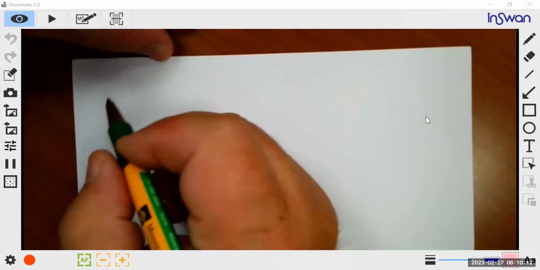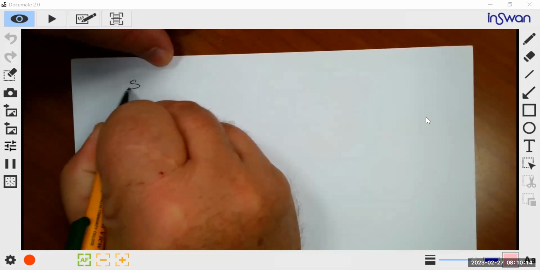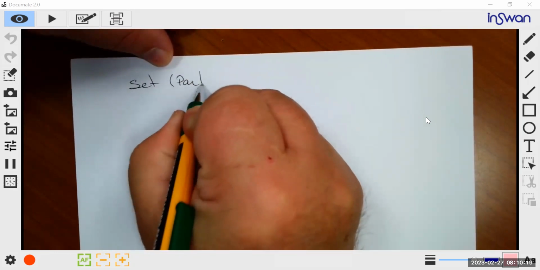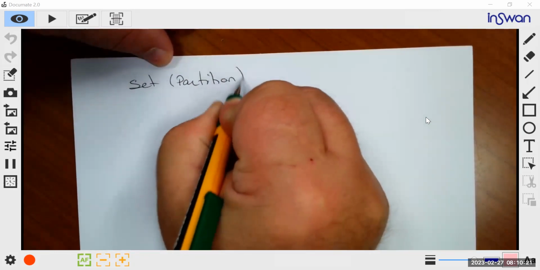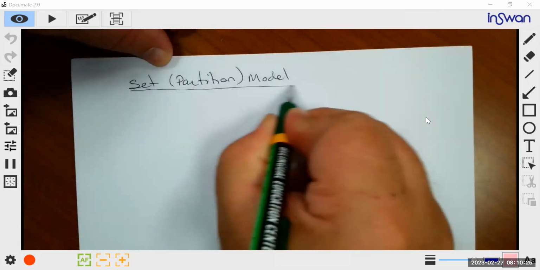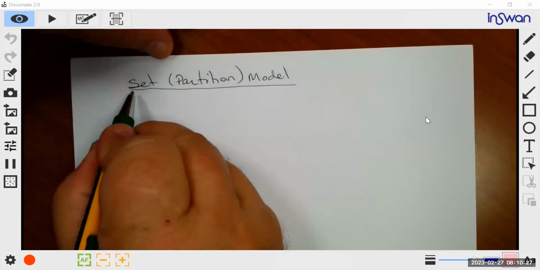So now let's look at set, or what are called partition, models. Remember what a set is.